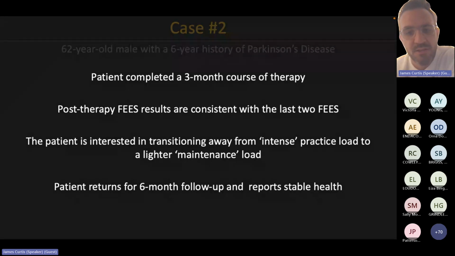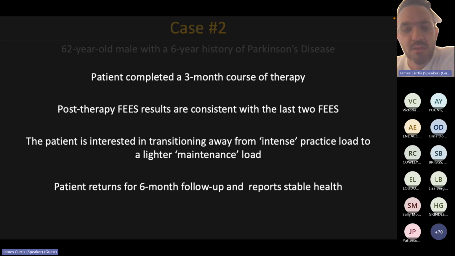And so because of this, the patient's interested in transitioning away from daily intense practice exercises and weekly therapy sessions with the clinicians, and moving to more of a lighter maintenance load with routine follow-ups. So this is the plan of care that the patient's interested in, and you think that it is a fine plan.